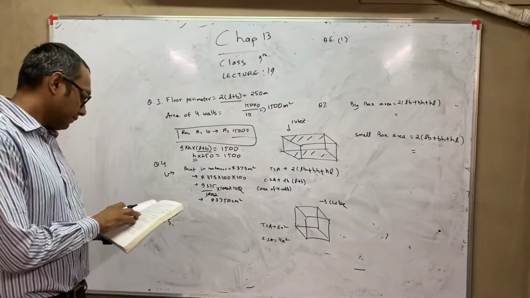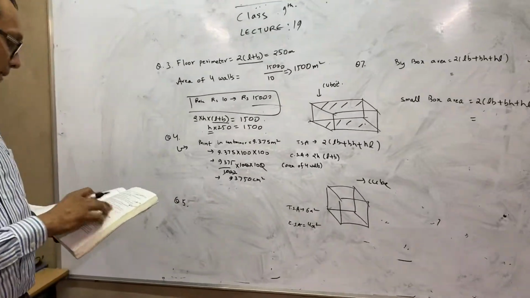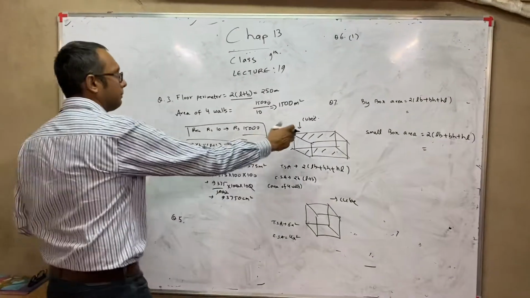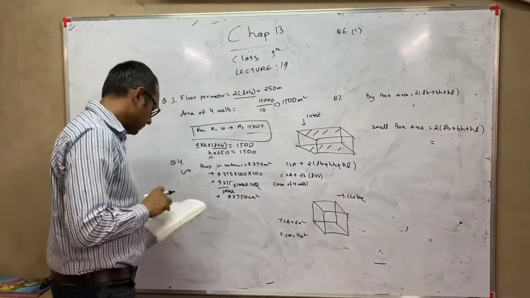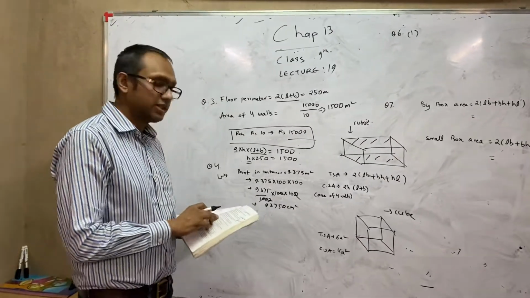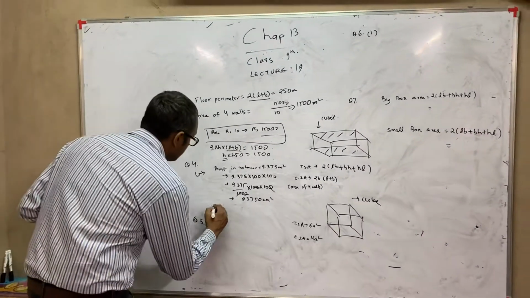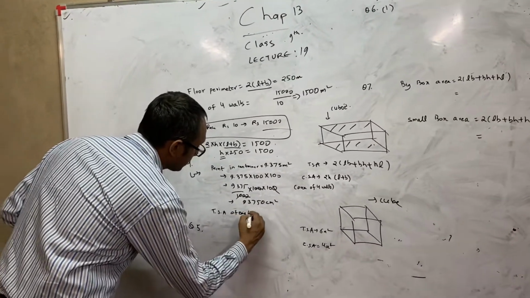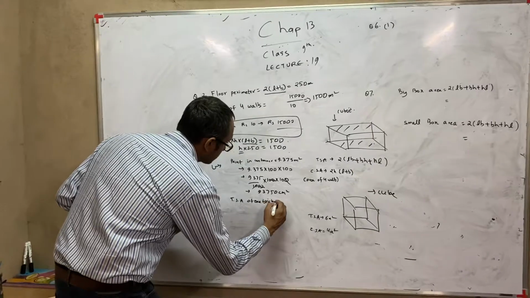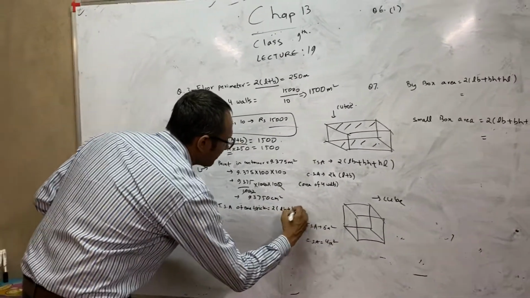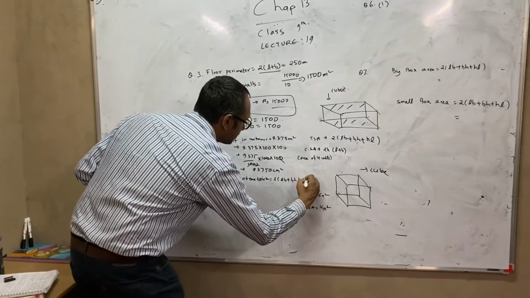How many bricks of these dimensions can be painted out of this container? Now a brick, if you have seen, is in the shape of a cuboid with 6 faces. So basically you have to find the total surface area of one brick. The formula is there, 2 bracket LB plus BH plus HL.